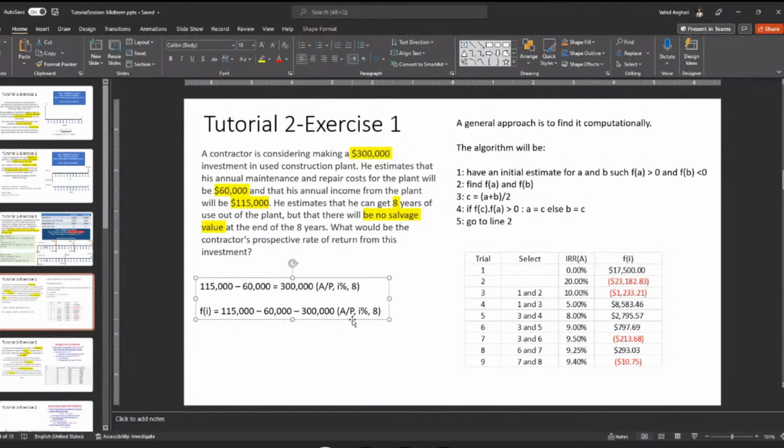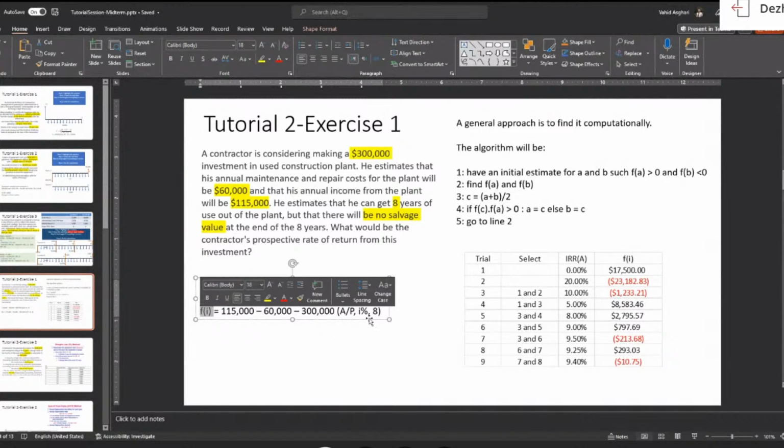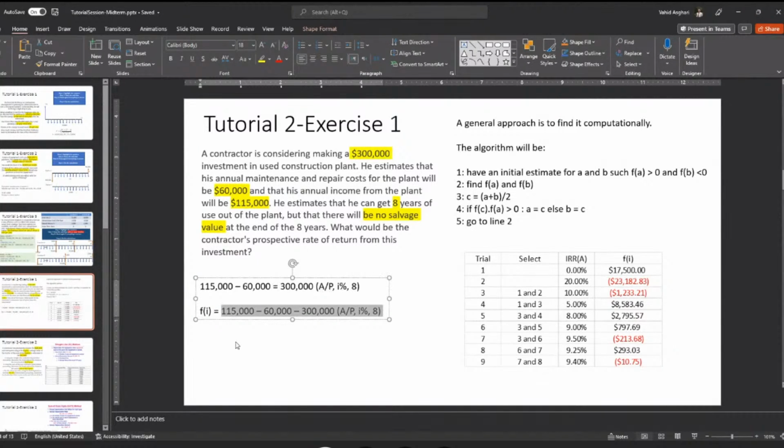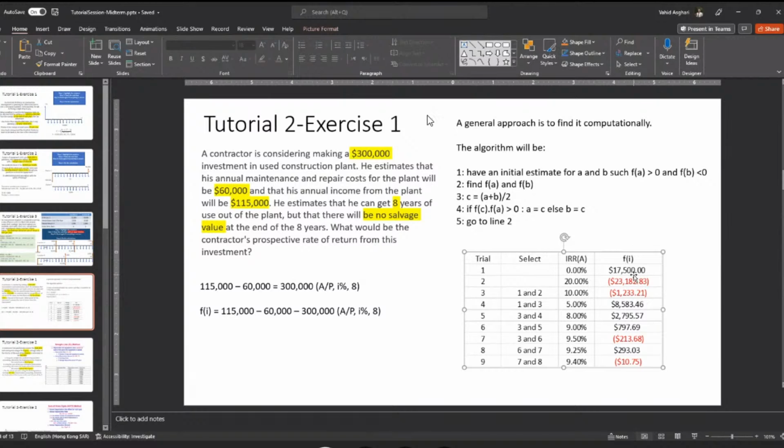We want to find an i that makes this equation zero. So how should we do it? Let's start with 0 and 20. First, we start with two estimates. 0 and 20 should be good enough for most questions. If we set it to 0, f of i will be something positive.